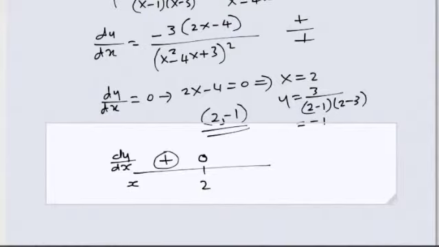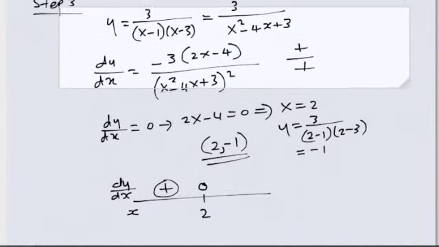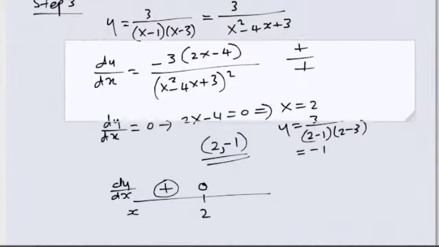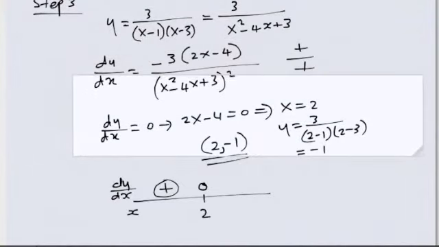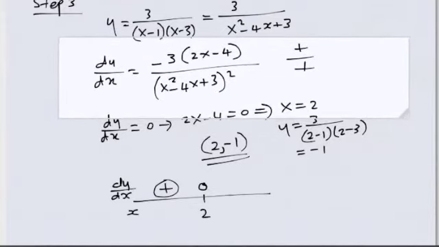And for values of x greater than 2, for instance, let's take 2.5. The value in the numerator, if x is 2.5, we can see we have 5 minus 4, so that's a positive number, multiplied by a negative number gives us a negative number in the numerator.